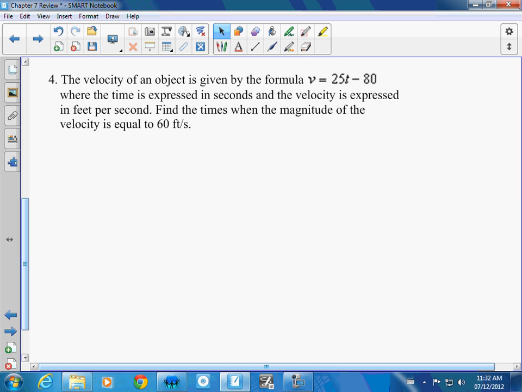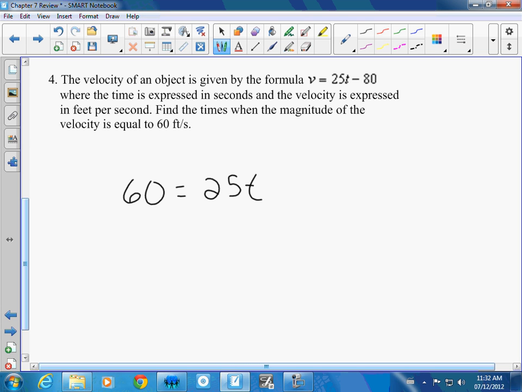It's really quite simple. Do they tell us what the velocity is? So it's 60 equals 25t minus 80. Okay. Now here's the thing.